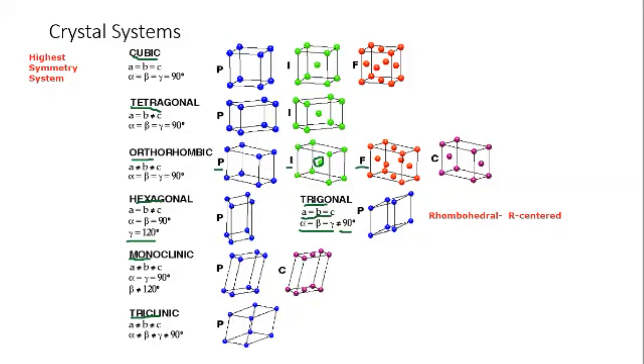Face centered means that there's a lattice point in addition to the corners on every face of the unit cell. And then when you see something like A, B, or C centered, this is a side-centered unit cell. So this means that it's on the corners and in the center of the XY plane here.